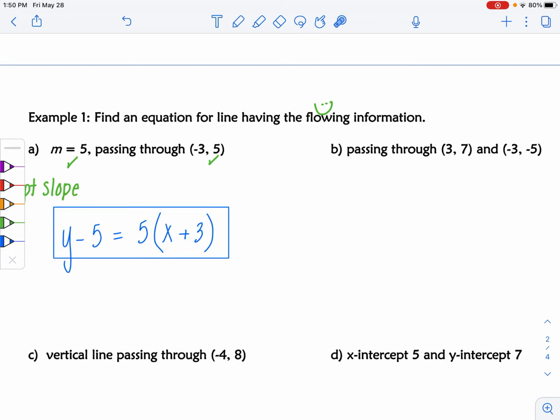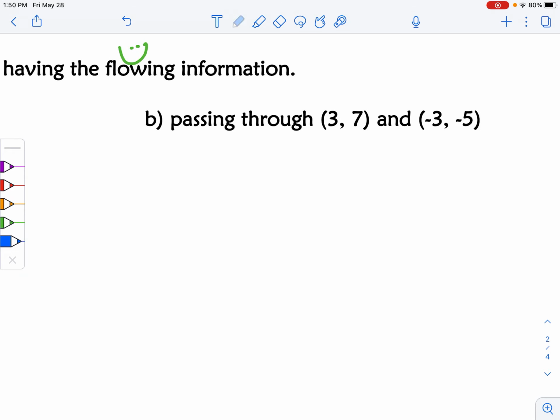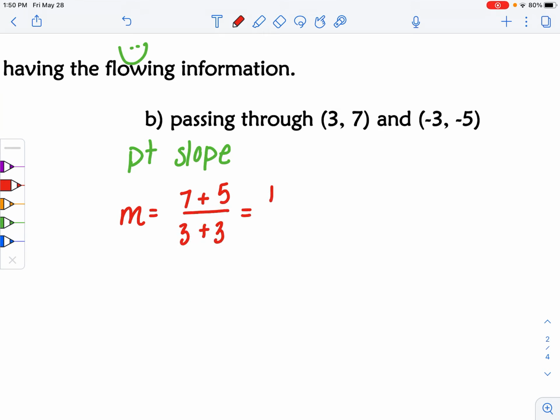What if I'm given 2 points? Well, again, I'm given a point. It's not the intercept. So really the easiest one will also be point slope. I have a point, but first we just need to find the slope. Well, good thing we have our slope formula. y2 minus y1 over x2 minus x1, 12 over 6.